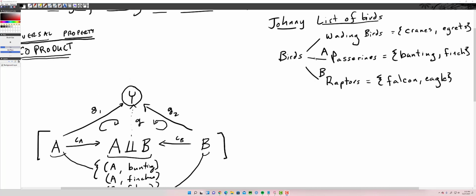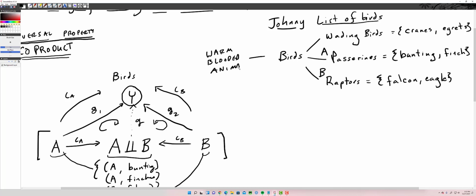So what's a more general object I could include this into? Well, I could pick birds, right? And I could make the same maps, IA and IB, into birds. I could even go more broadly than that and say warm-blooded animals, and I could make Y warm-blooded animals.